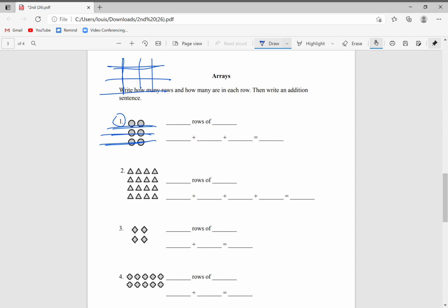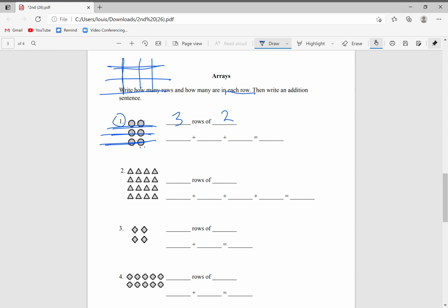Now, there are 1, 2, 3 rows, because we have 3 lines made up of smaller shapes. So we would write 3 rows of, now we would count how many are in each row. So 1, 2, 3, 4, 5, 6. But we won't write 6. Instead, we will write how many are in each row, because it's asking each row, not all the rows in total, but each row. So that would just be 1, 2. So 3 rows of 2 shapes.